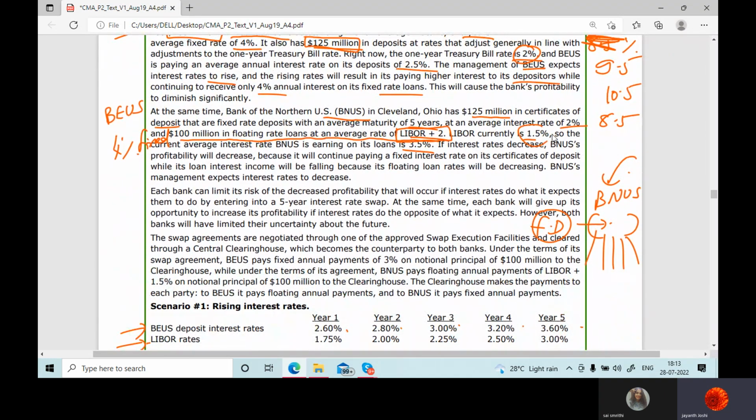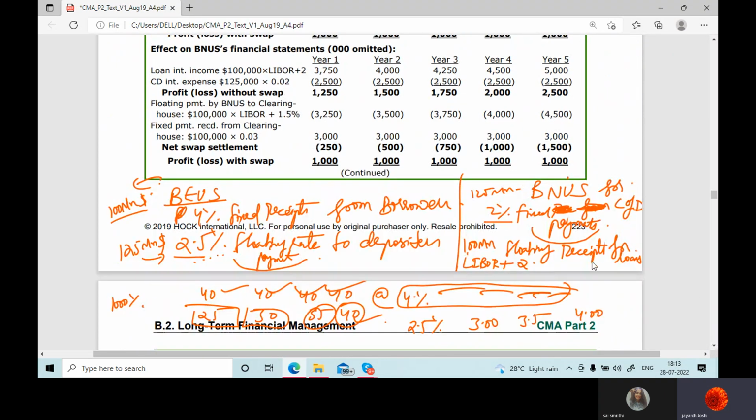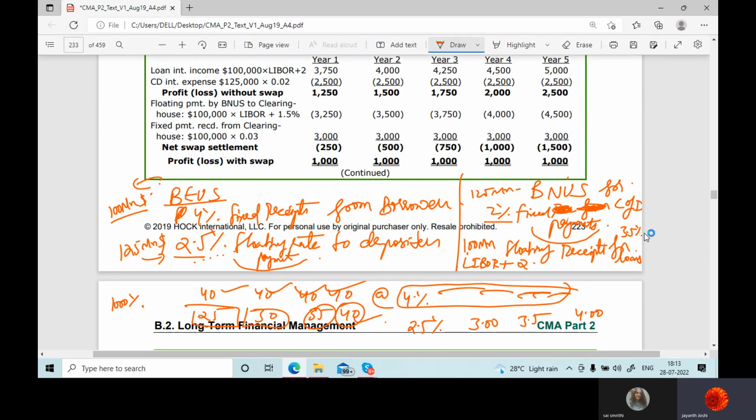Right now the LIBOR is 1.5%, so the interest would be 3.5%. So they're receiving 3.5% interest. I'll write it here, 3.5%.